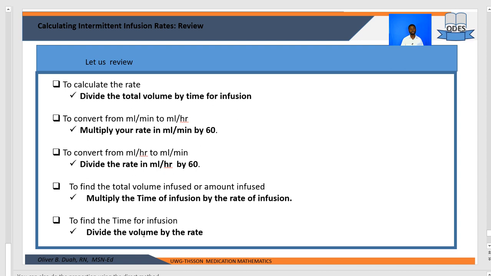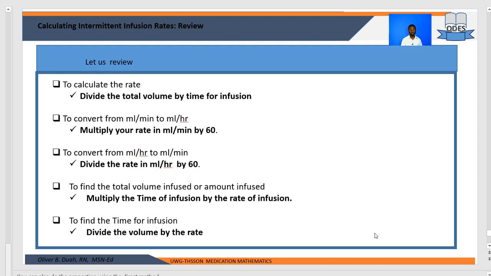To convert from milliliters per minute to ml per hour, all you have to do is multiply your rate in ml per minute by 60. So 60 is going to be the common factor. To convert from ml per hour to ml per minute, just divide the rate in ml per hour by 60.